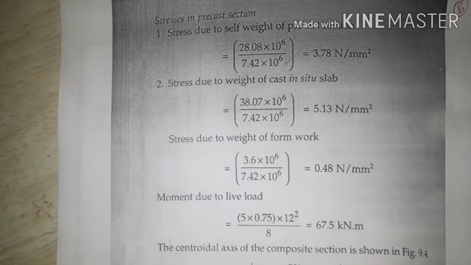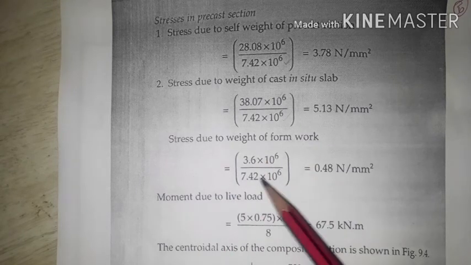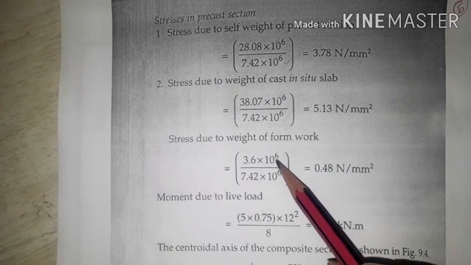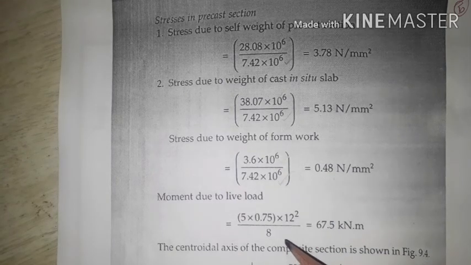Then stress due to weight of formwork is again the formwork weight moment divided by Z, so we got 0.48 Newton per m square.